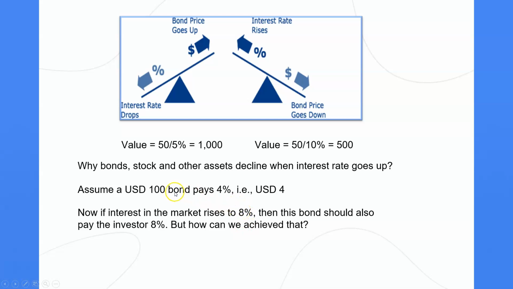Now, why should I buy this bond and get 4% while I can go to the open market and buy a bond that pays me 8%? So we must get also 8%. The fair value of this $100 should give a return of 8%. We can't change the $4. We can't change the 4% because these are fixed figures as per the contract of the bond.